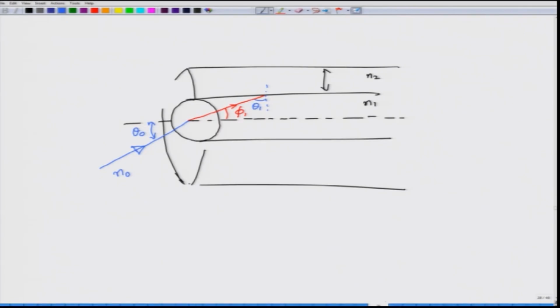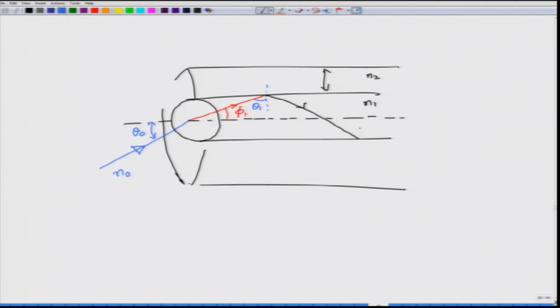Now what I want to understand is that if I were to have the second ray of light, which is travelling inside the core, hit the core cladding interface at an angle theta 1, what happens if this angle theta 1 is greater than the critical angle of the interface between core and cladding? If it is greater than the critical angle, we know that this ray of light actually goes back, because it is totally internally reflected and now arrives at the lower interface of core and cladding.